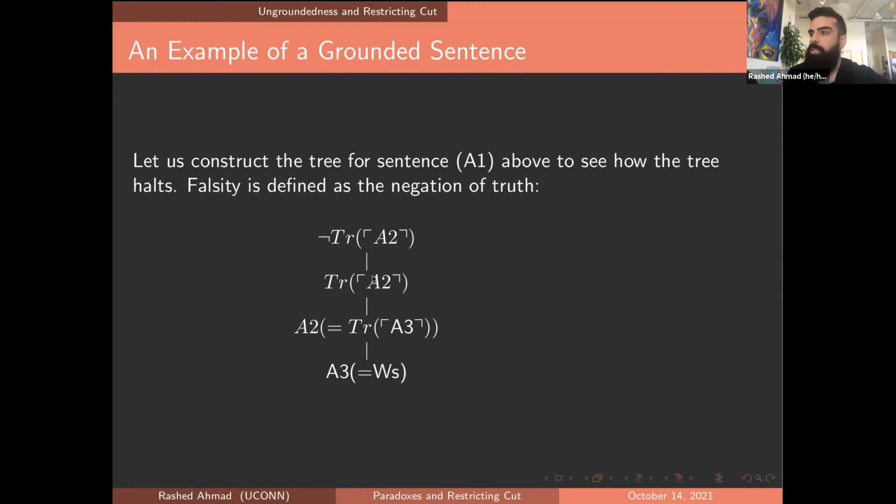So we look at its referent, namely A2. A2 says A3 is true. Again, true is partially transparent. So we look at its referent, A3, and A3 says snow is white. The predicate white is not partially transparent. There's no more moves. The tree holds. Therefore, the sentence A1 is grounded. In fact, each one of them is grounded, right?